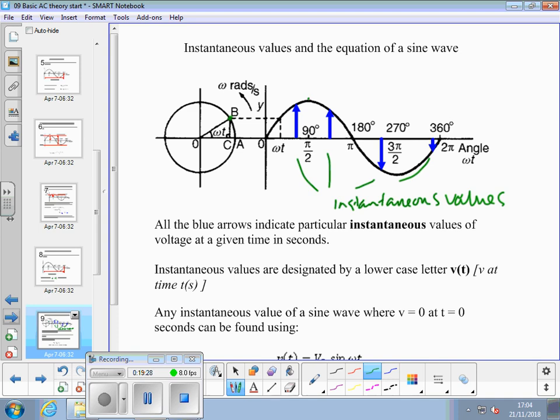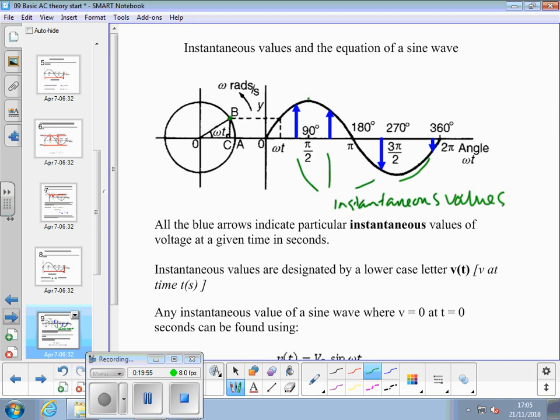And you need to make sure when you write up your answers to questions that you distinguish between instantaneous values, lowercase, make it really obvious that your lowercase is small, and your peak value, which is represented by the capital V or the capital I, or the capital P if that's power.